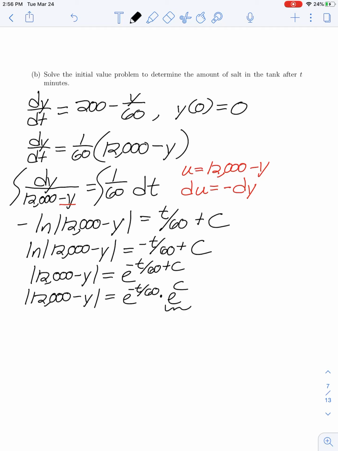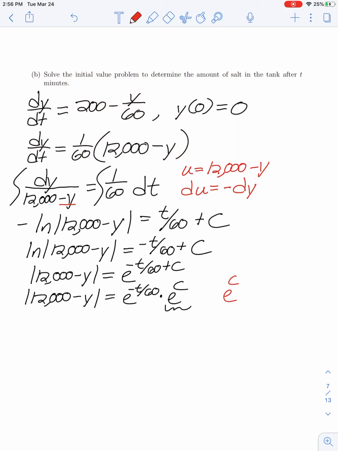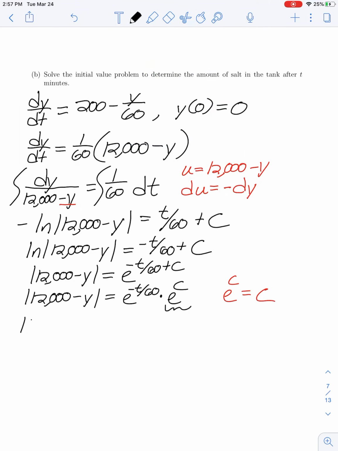And this e raised to an arbitrary constant is just a new arbitrary constant. So since c could be any number, e to the c power is just some new arbitrary constant. Let's still call it c. So my right-hand side now becomes a constant c times e to the negative t over 60 power.